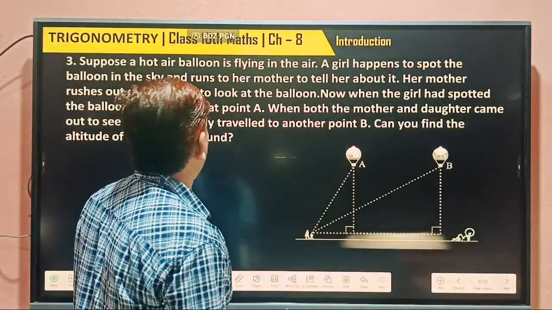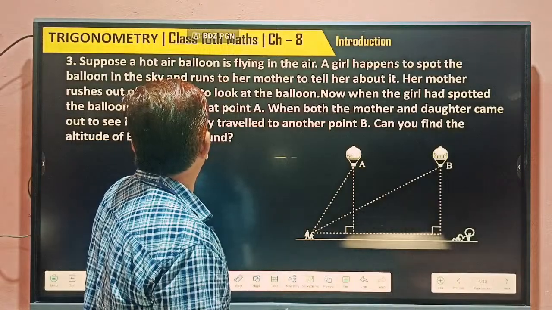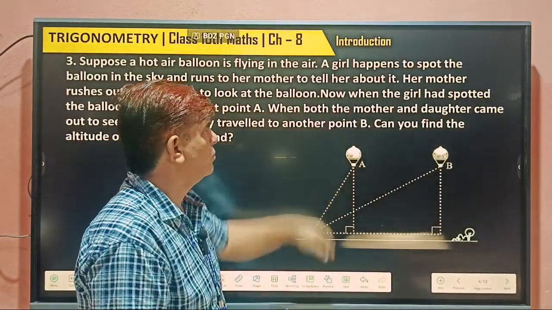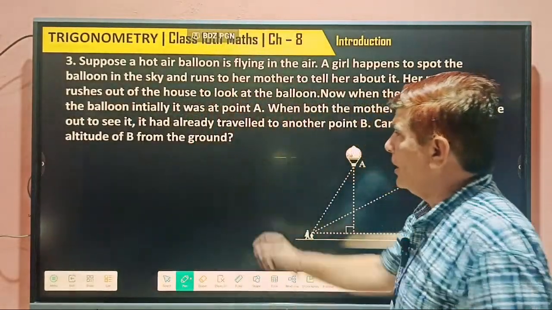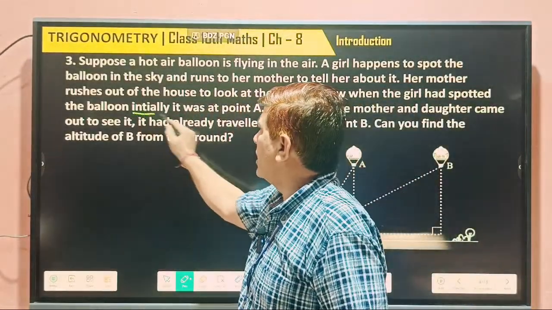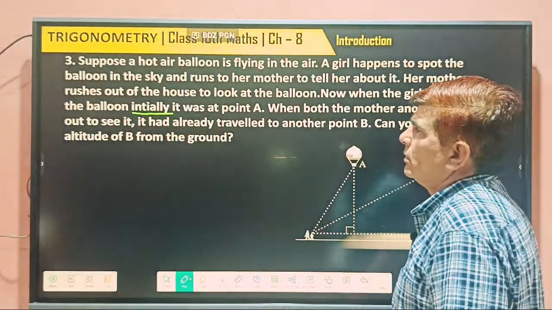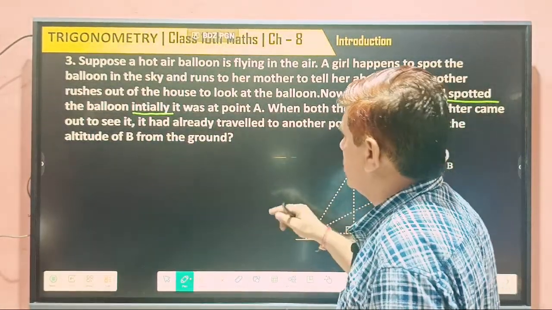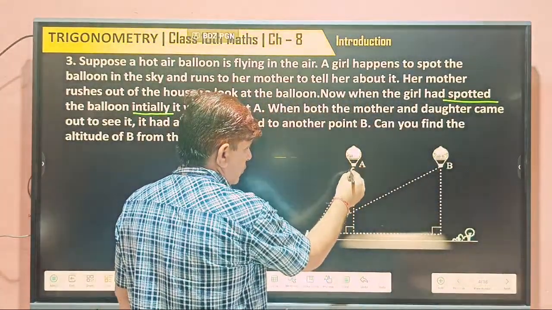So that girl went to her mother, and the mother rushes out of the house and looks at the balloon. When the girl had spotted the balloon initially, at the starting point, it was at a point like this.